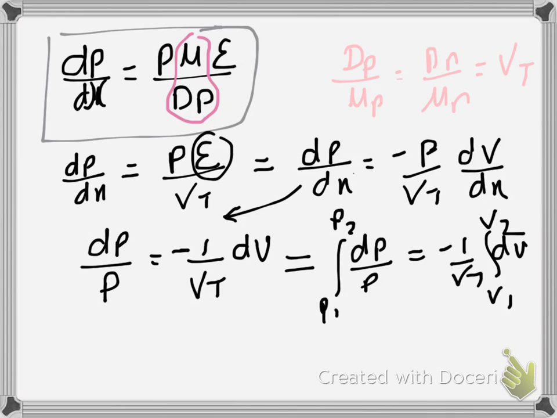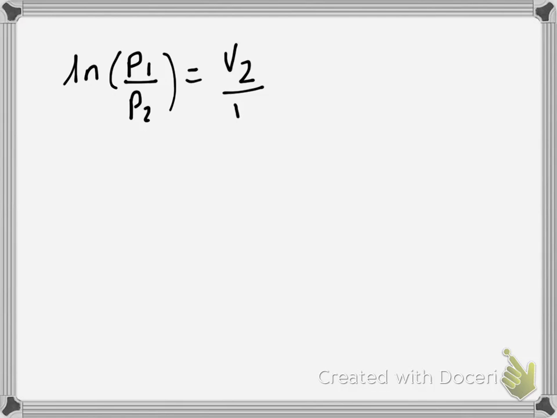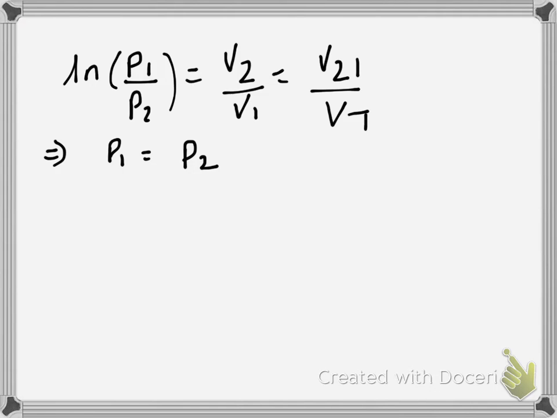If I integrate further, I get ln of p1 by p2 equal to V2 minus V1 by Vt. If I take the anti-logarithm, it gives p1 equal to p2. Here I forgot the Vt. The Vt part will always be there. So p1 is equal to p2 e raised to the power V21 by Vt. I hope you people are understanding.